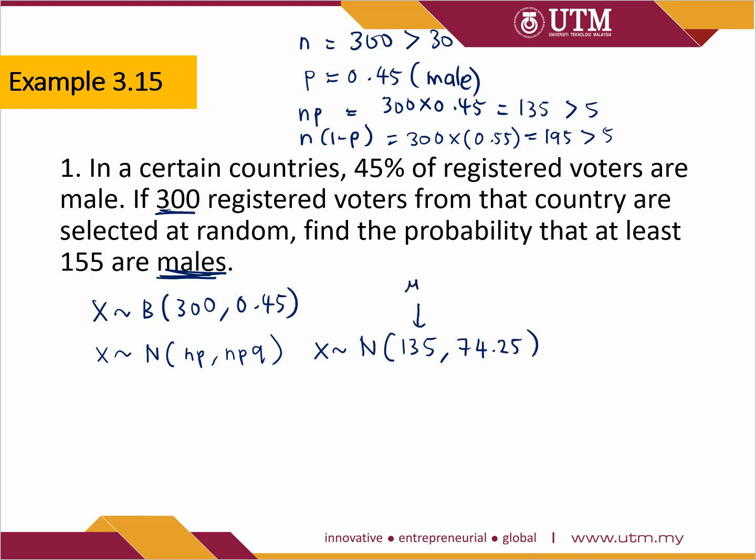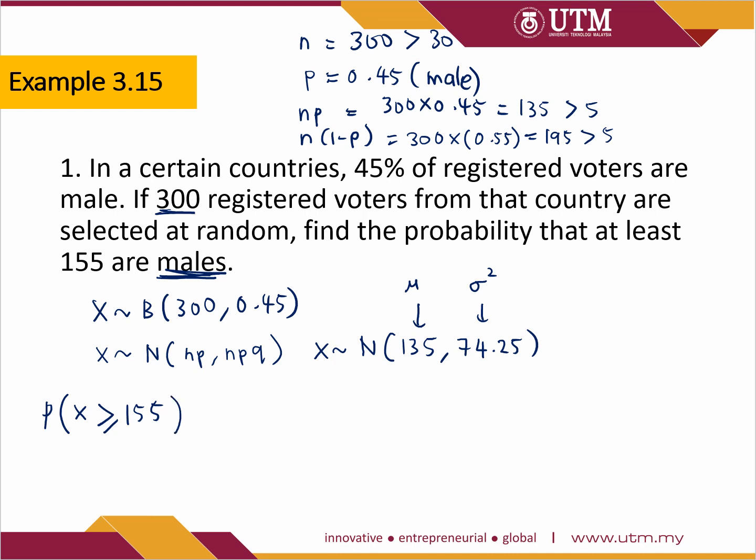So this is your mean and this is your variance. So now we want to find the probability that at least, meaning that X will be greater than or equal to 155. And 155 is included, at least 155 are males.